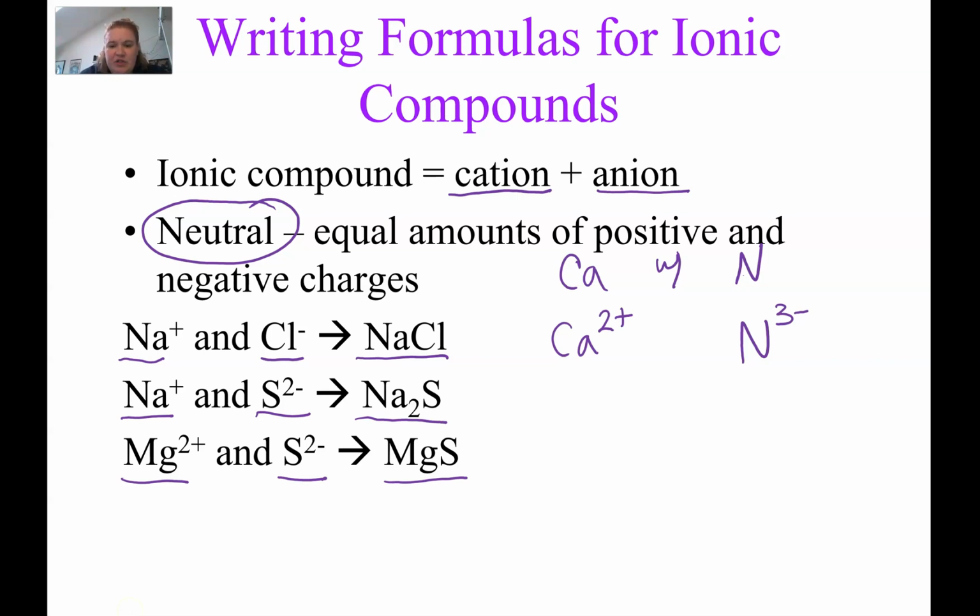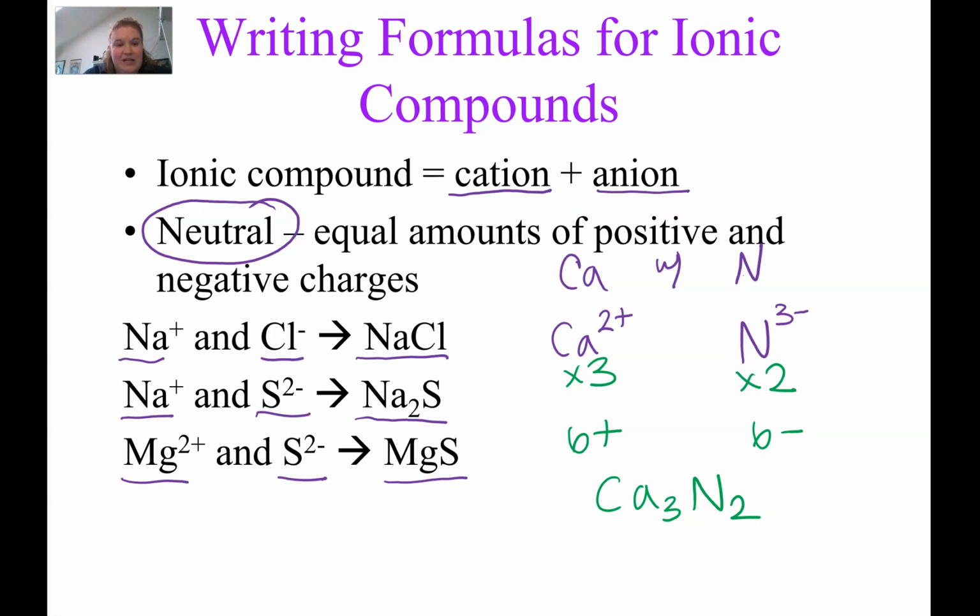Now, if I have a 2+ charge and a 3- charge, and I want to end up with a structure that's neutral, I have to think of what the least common multiple is between 2 and 3. So the least common multiple is 6. That means I want to have 3 of these so that I'll have a 6+ charge, and I want to have 2 of these so I have a 6- charge. So I end up with Ca3N2.